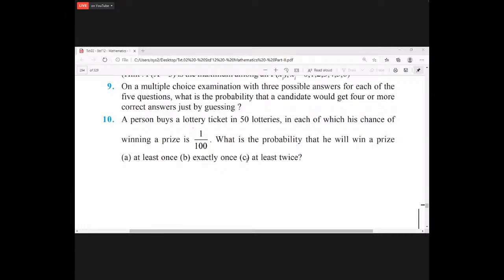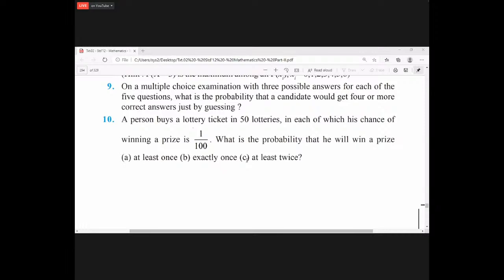At least 1 means x is equal to 1 plus x is equal to 2 plus and so on, x is equal to 50 you should do. So it becomes a very lengthy problem to do. Hence, we are going to do this one as 1 minus P of x less than 1, which is equal to 1 minus P of x is equal to 0.